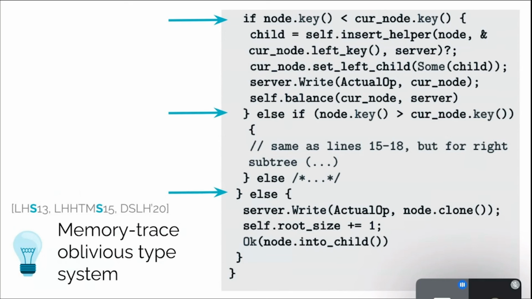But from an academic perspective, this is a solved problem, because earlier we proposed memory trace oblivious type systems. Essentially we defer the problem to the compiler: when it compiles the program, it can check for you whether your program is secure or not. So you don't have to rely on the wisdom of the developer to guarantee the security of their implementation.